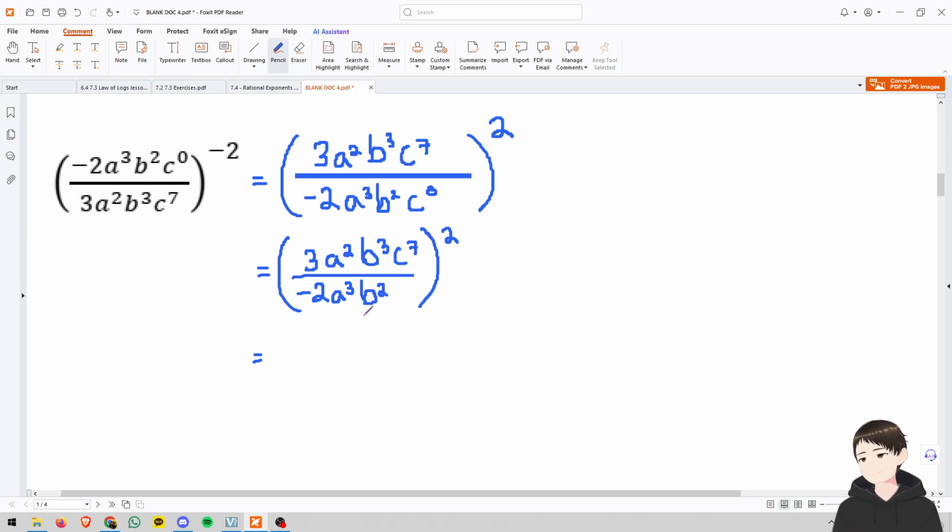If I apply the power onto the powers, this is 3 squared, a squared squared, a to the power of 4, b cubed squared, b to the power of 6, and c to the power of 14, all over negative 2 times negative 2, 4, a to the 6, b to the 4.